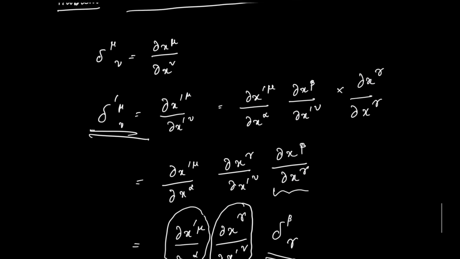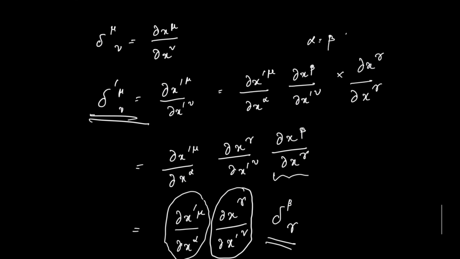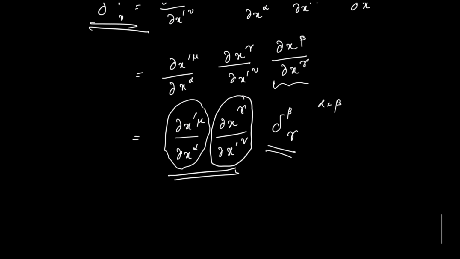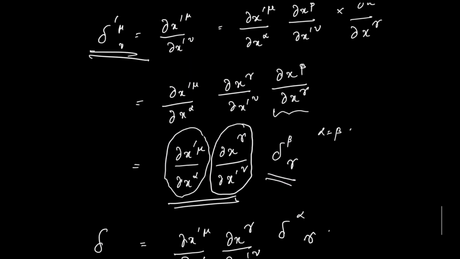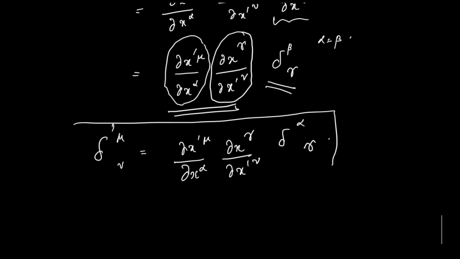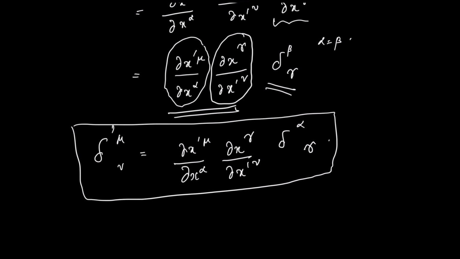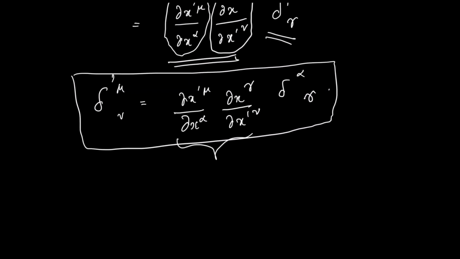So here α is equal to β, and therefore here also α is equal to β. Therefore I can write x'^μ with respect to x^α, x^γ with respect to x'^ν, δ^α_γ. So δ'^μ_ν transforms to δ^α_γ in this manner, that is, one contravariant and one covariant.